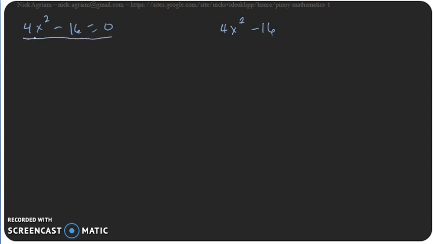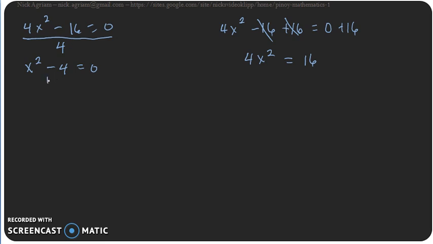Either you divide both sides of the equation by 4 directly, x squared minus 4 is equal to 0, or you add 16 to both sides of the equation, 0 plus 16. Then this will be 0. Then you have 4x squared is equal to 16.